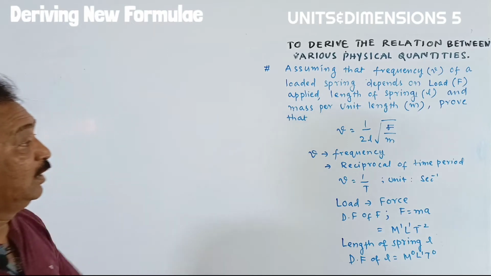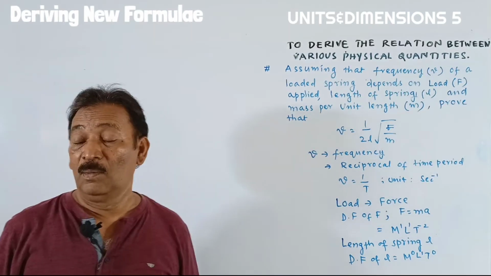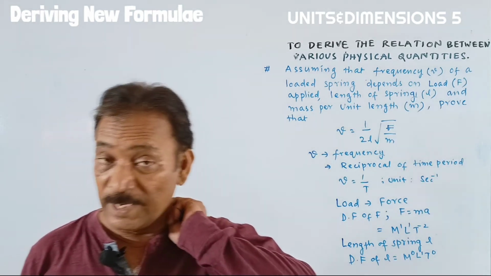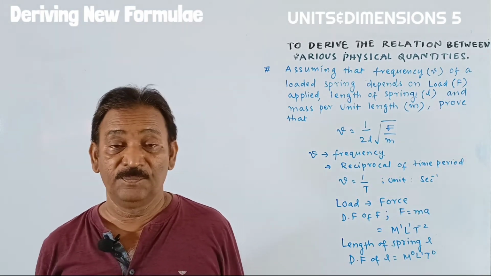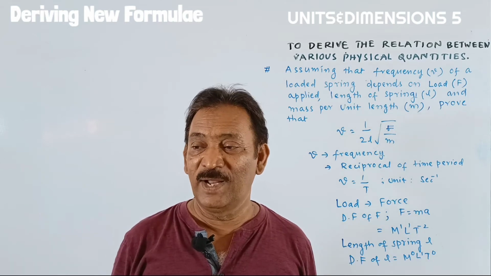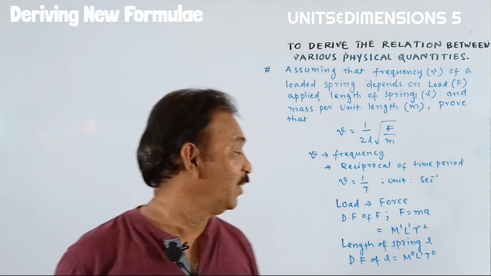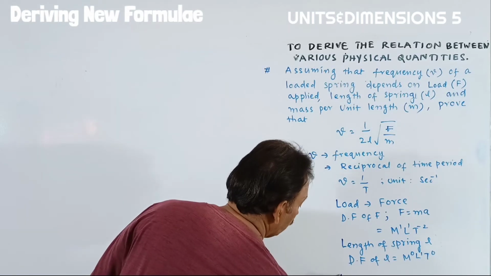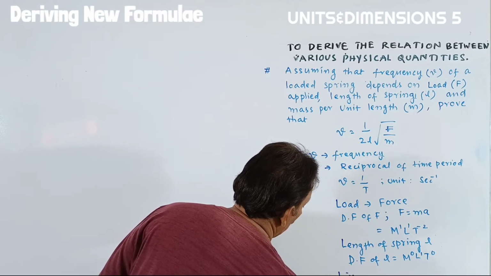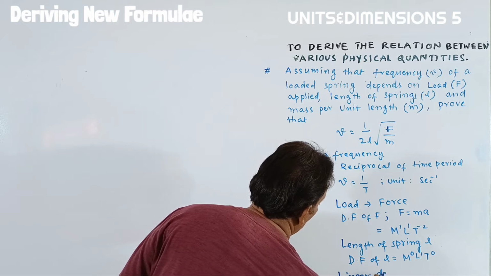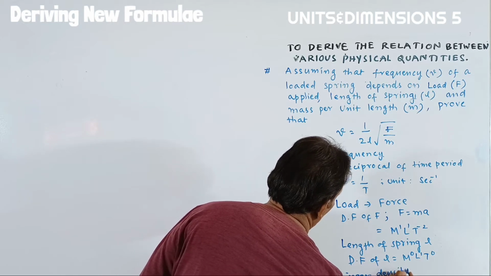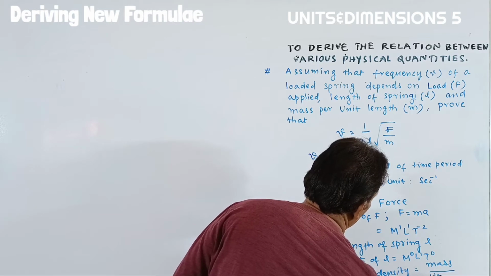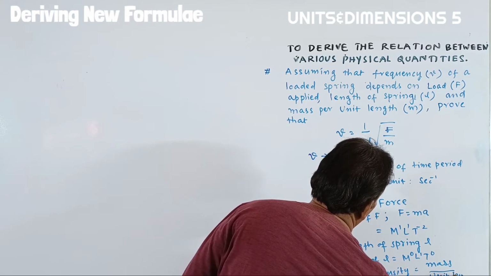And one more thing is involved here, that is mass per unit length. Mass per unit length is known as linear density, students. Linear density is mass upon unit length.